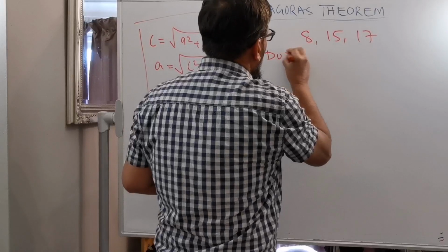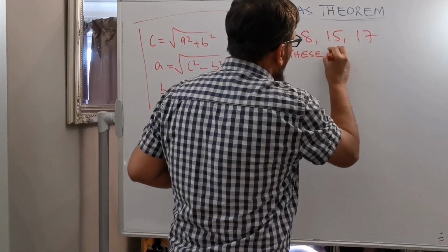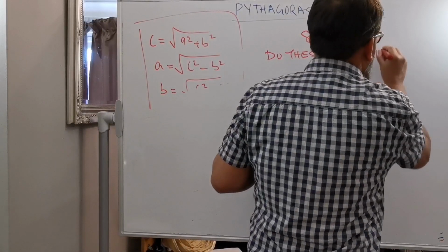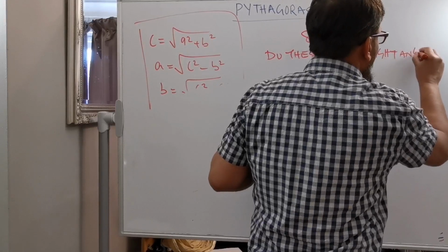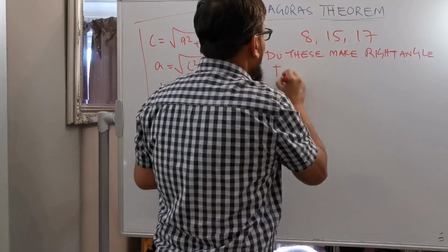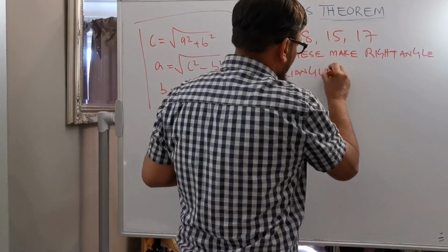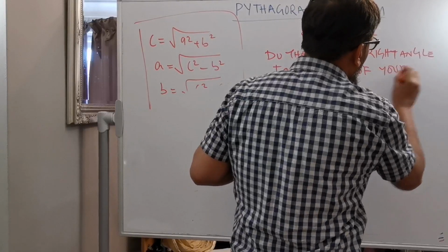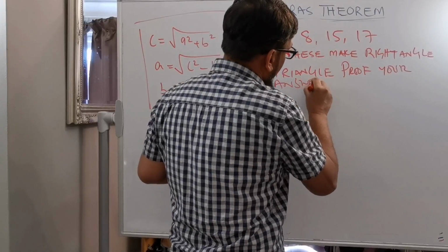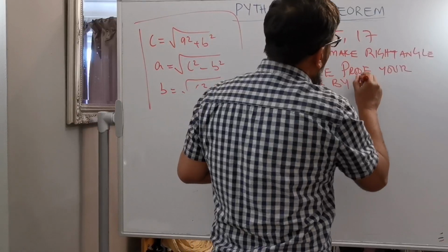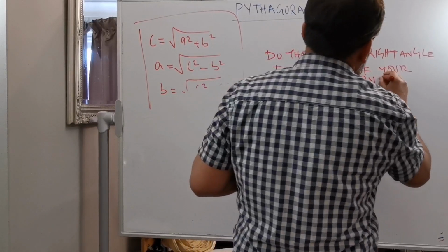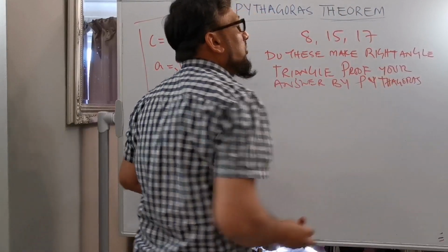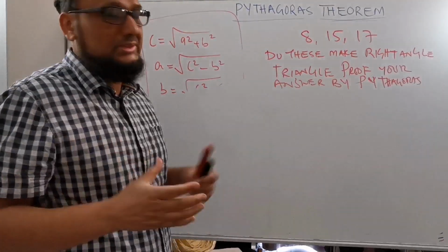The question was, do these make a right angle triangle? Prove your answer by Pythagoras.